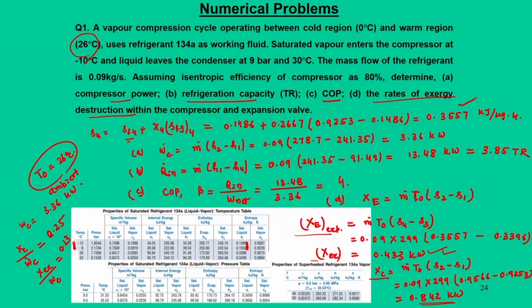So, 13% of exergy is lost in the expansion valve and 25% of exergy is lost in the compressor. Okay, this is how we solved the vapor compression systems.